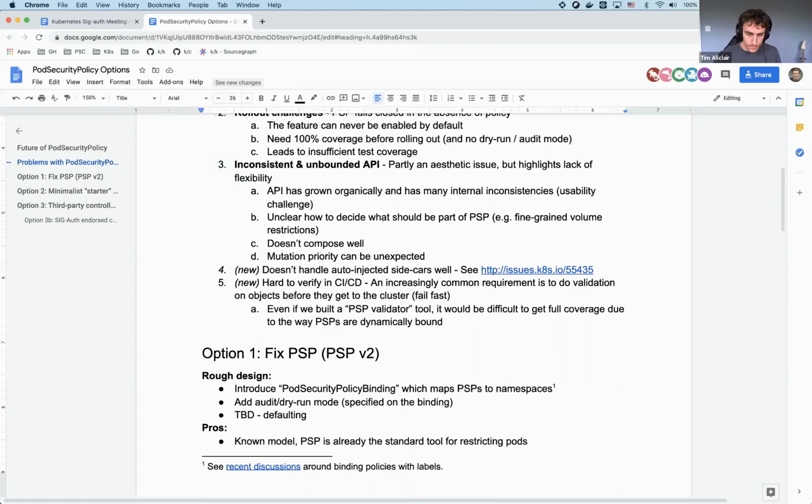I see some chat, so I want to pause to leave room for if anyone has comments on what we've talked about so far. I see some discussion around sidecars and whether that's something that we actually want to care about here.